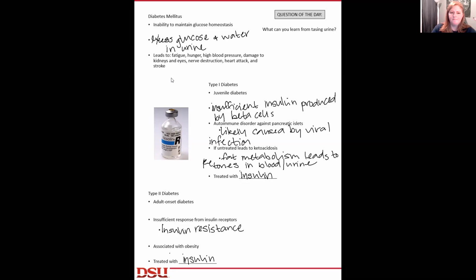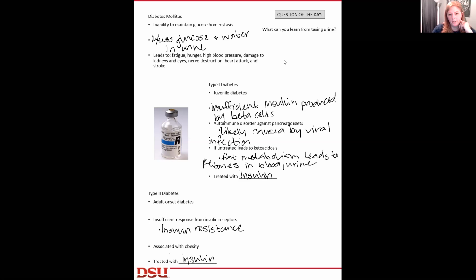In adults, you can often have other signs and symptoms that it's building, that it's coming on, and a blood test will show if that's the case. With type 1, it's generally something that kind of comes out of the blue.